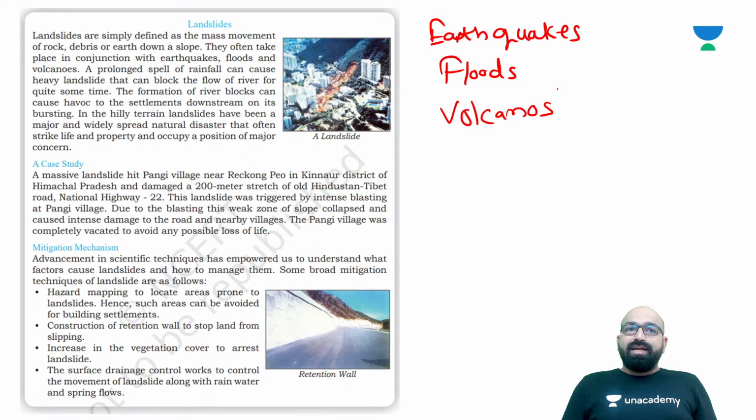A prolonged spell of rainfall can cause heavy landslides that can block the flow of a river for quite some time. The formation of river blocks can cause havoc to settlements downstream on its bursting.